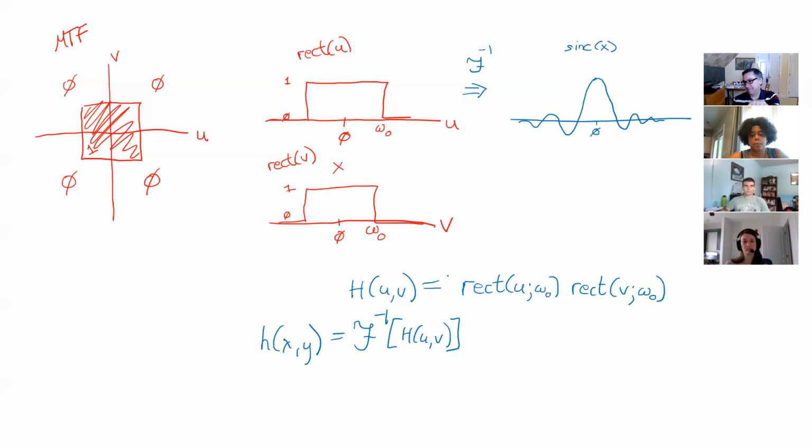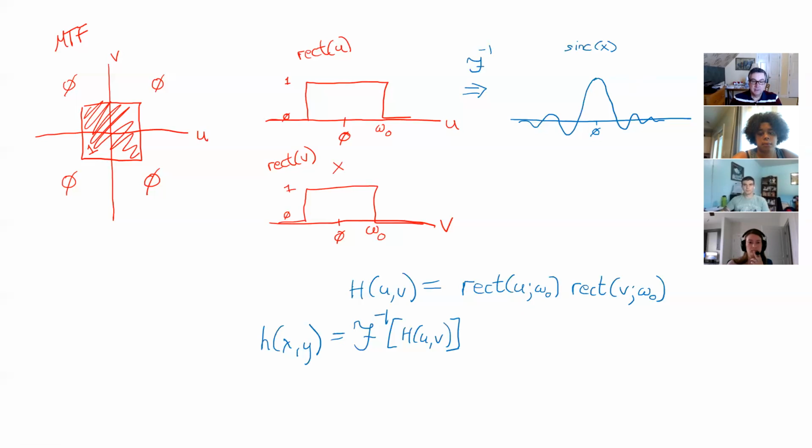Because this is a separable function, you're going to be able to separate the 2D Fourier transform into inverting the one-dimensional Fourier transform in x and in y separately. And so it's going to be basically some product of sinc in x and sinc in y.